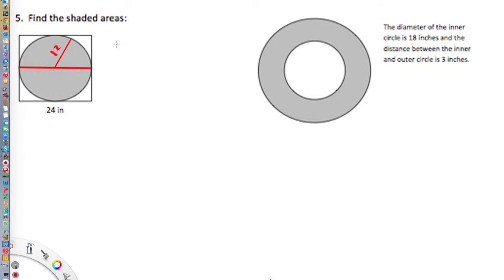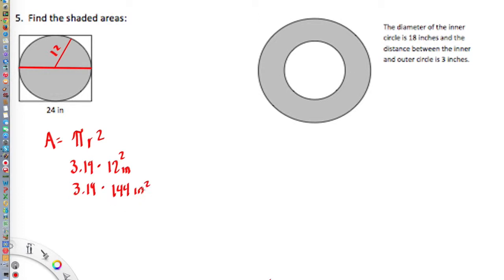Now I have all the information that I need to solve this. I know that the area of a circle is pi r squared. Pi is approximately 3.14. My radius is 12, and I need to square that. So it'd be 3.14 times 12, and actually this is inches squared, so that would give me 144 inches squared.